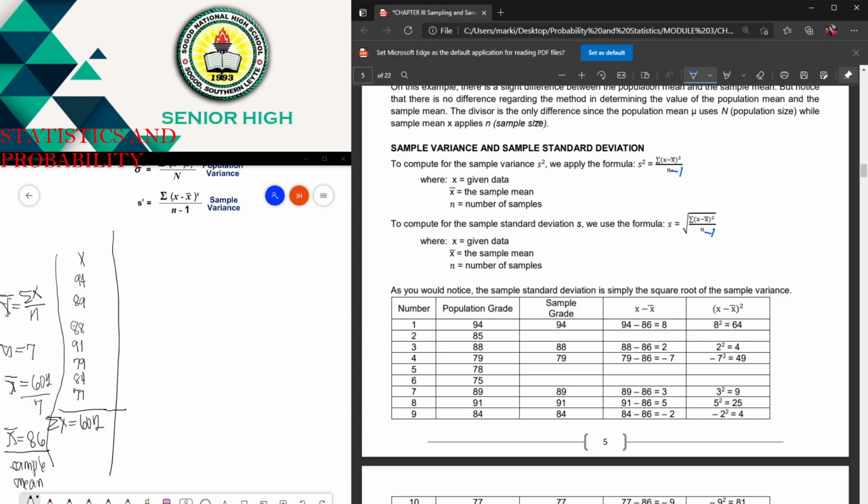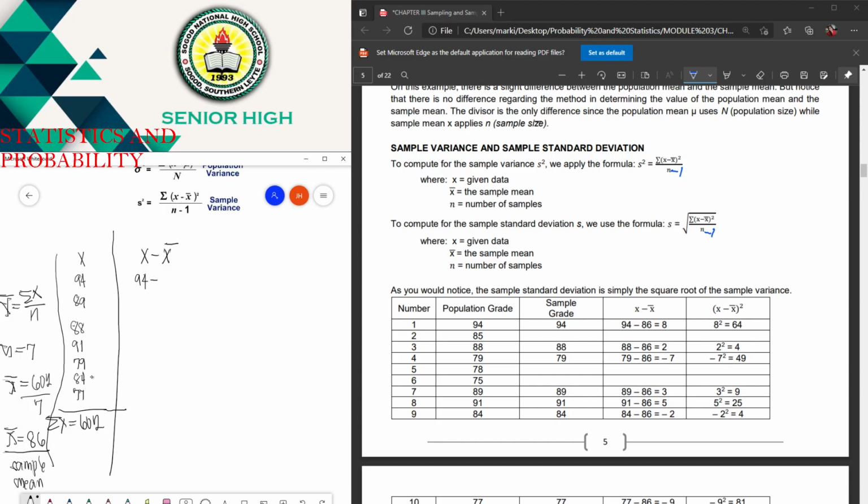Okay? So, again, same lang po yung procedure natin. Yung x minus x bar. So, again, yung 94 minus mean. Mean natin is 86. 94 minus 86, that is 8.